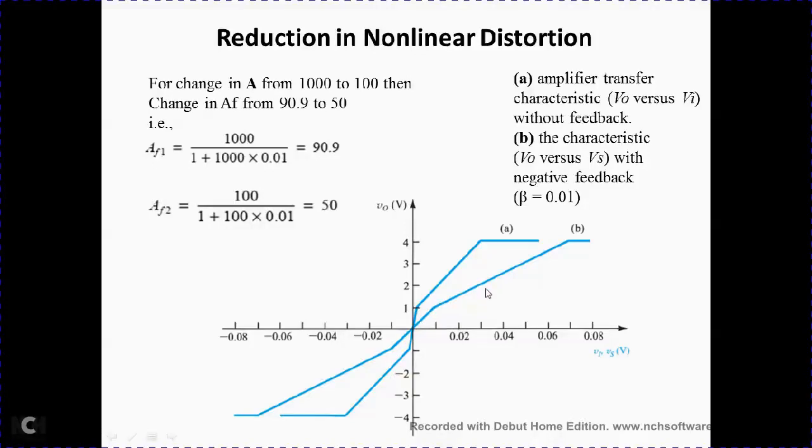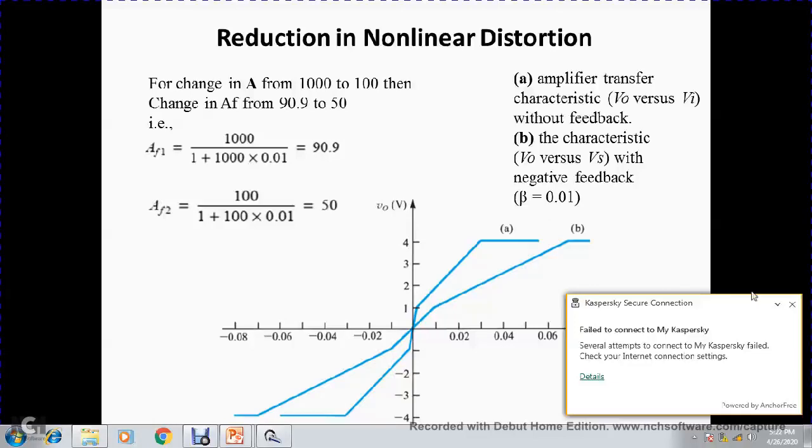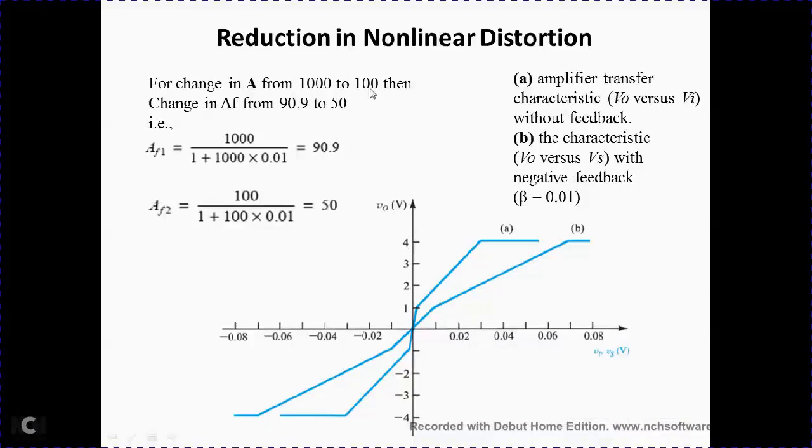See here, for example, for a change in A from 1000 to 100, if I change the open loop gain A of an amplifier from 1000 to 100, the gain with feedback will change from 90.9 to 50.